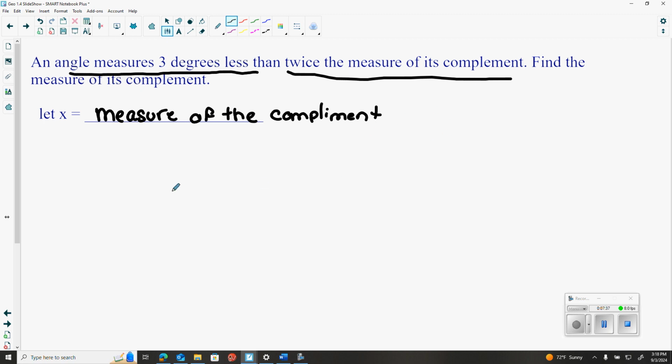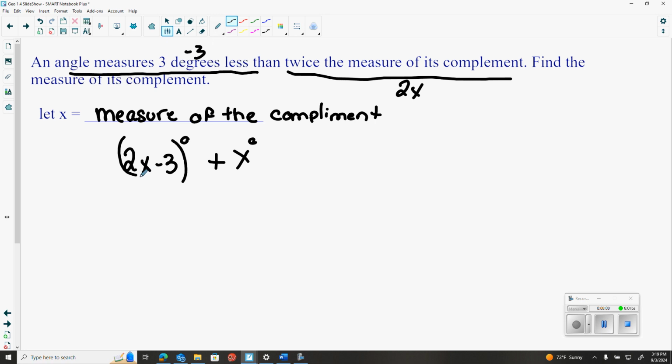So let's think about an algebraic expression we can come up with. That would be 2x minus 3, all right? So I'm given an angle that measures 2 times the complement subtracted by 3. 3 degrees less than twice the measure of the complement. This part is the 2x, because we just said let x be the measure of the complement, and then this is taking 3 degrees off. So if I take that angle, we don't know what that angle is, and add x degrees, you don't necessarily have to put the degrees here.